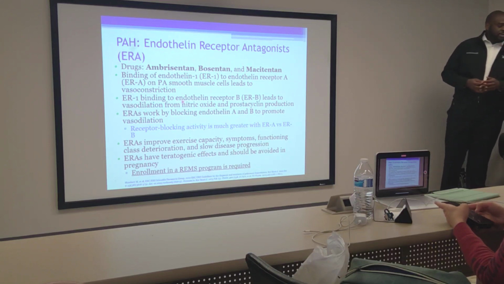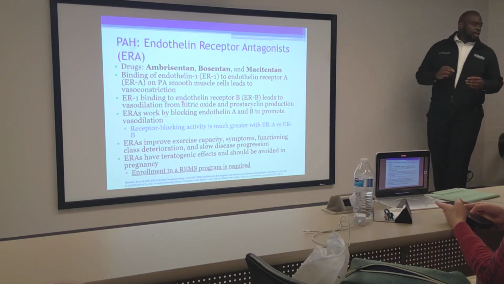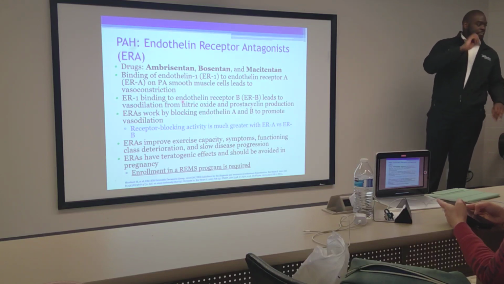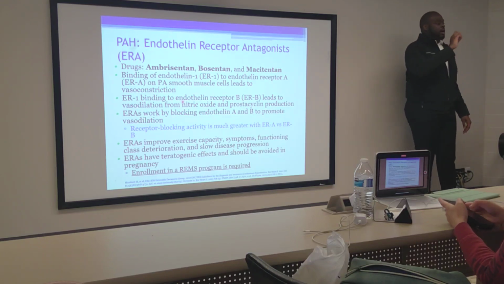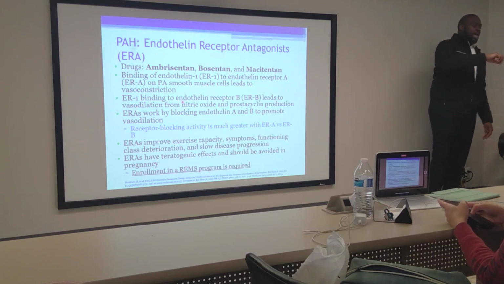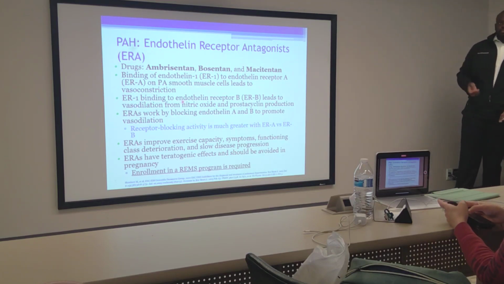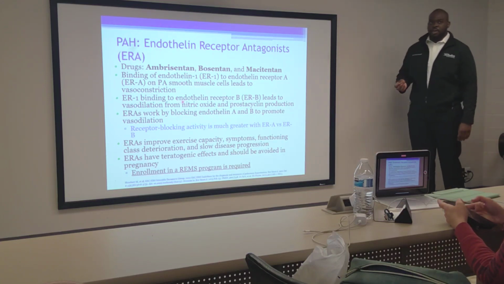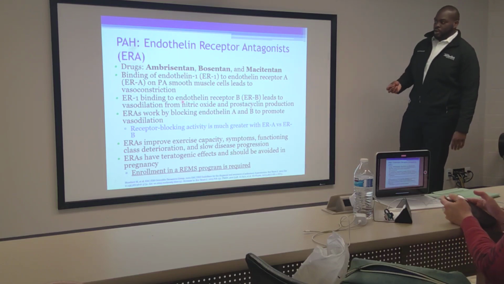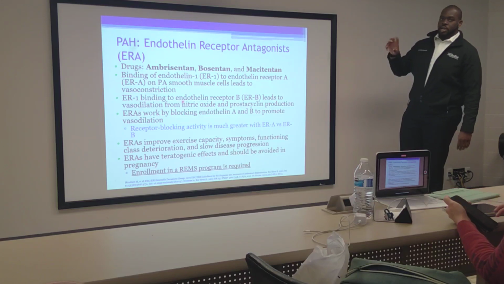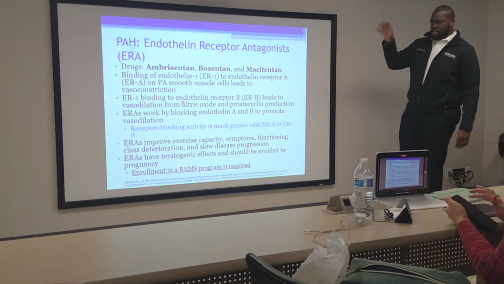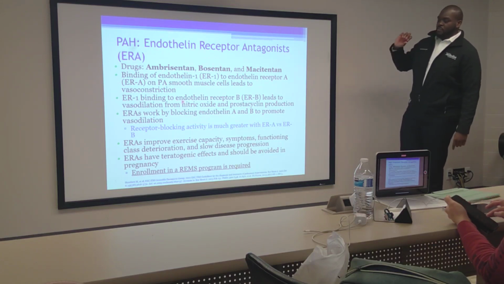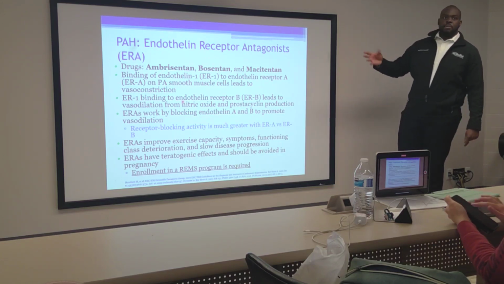Now, how ERAs work is that they end up blocking the receptors, A and B, so promoting vasodilation. Now your warning is, okay, you're blocking A and B, but you're blocking B to help with dilation. But know that the receptor blocking potential for all the ERAs in this class, each one a little bit different, but they're all pretty much in the same group, is that the affinity is greater for ERA versus ERB.